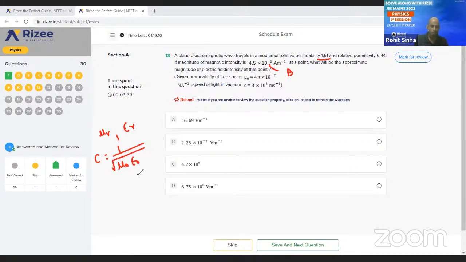For a vacuum, this is the speed of light, and it is related with permeability and permittivity like this. Now, for the speed of the electromagnetic wave in a general medium, we put mu r into epsilon r here.